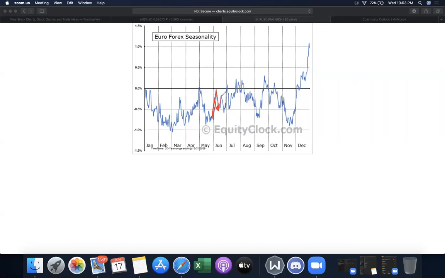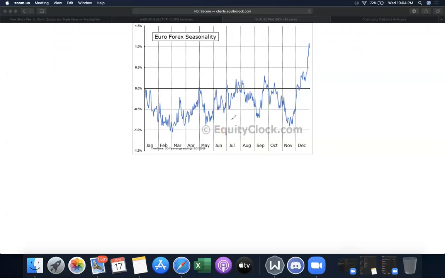Right around halfway through the month, from the 14th through the 17th or 18th, you can see euro is dropping. The last 20 years it's done this, so we're just expecting it to continue to follow this.